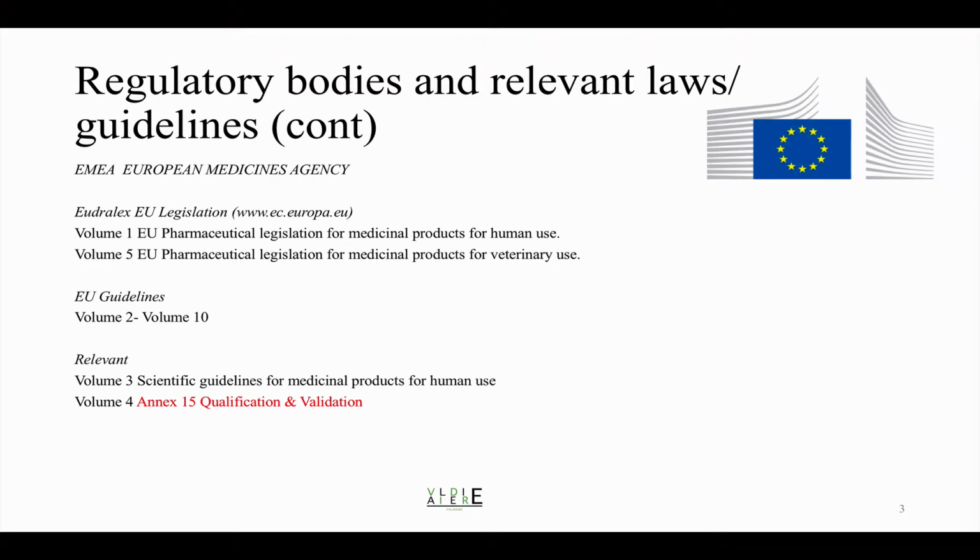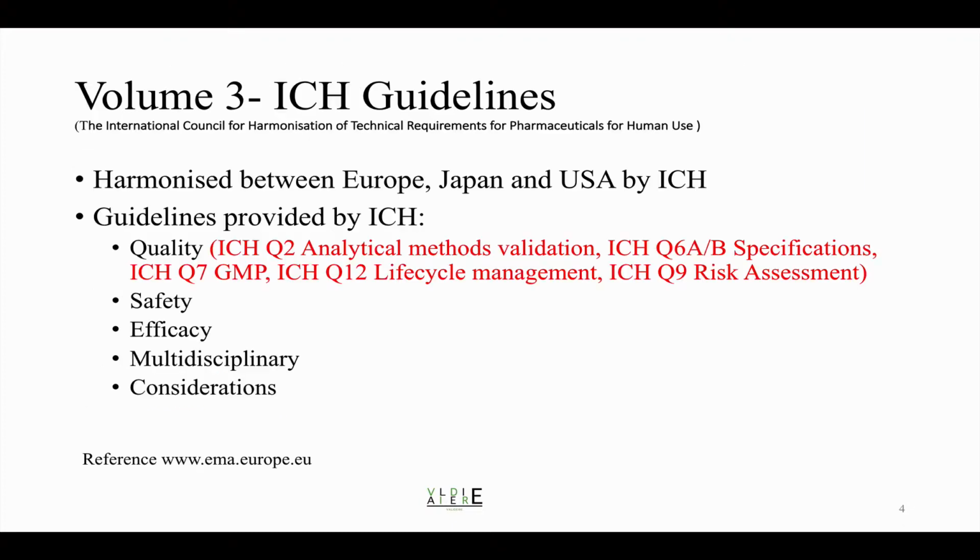EMEA, the European Medicines Agency, has its own law by the name of EudraLex. This comprises 10 volumes, 2 of which are specific for human use and veterinary use, and the other 8 are guidelines. I refer to Volume 3 and Volume 4, where Annex 15 can be found.